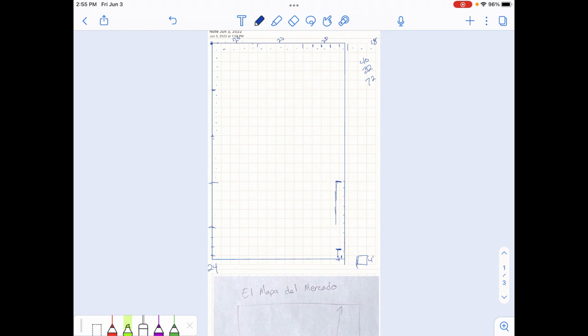You can put individual blocks in here if you want, or you can just block out that whole space. Oh, and we said it was about 2 feet in, so about half of a square. All right, so that's that block space, and we know we can't use that, or we're going to have to put tables over it. These are parking blocks, so we have to be careful about tripping hazards in here.